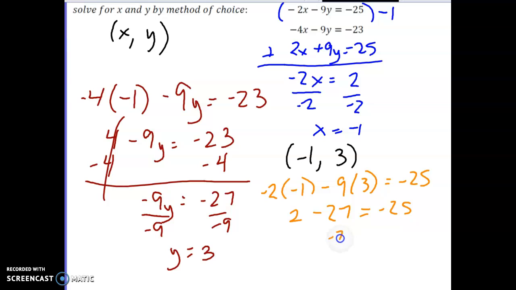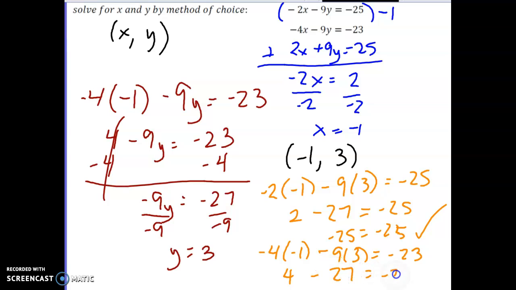And 2 minus 27 does equal negative 25. So far good. Okay, but remember, we have to check it in both. So I'm going to substitute negative 1 for x and positive 3 for y, also in my second equation. And I'm going to get 4 minus 27, which is equal to negative 23.